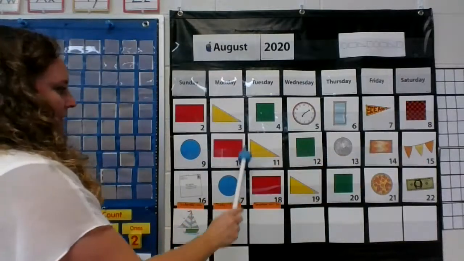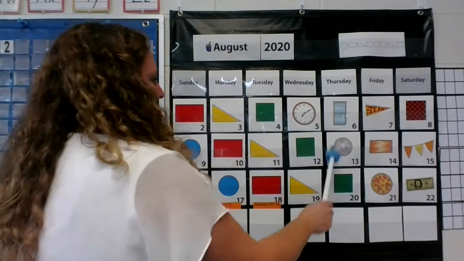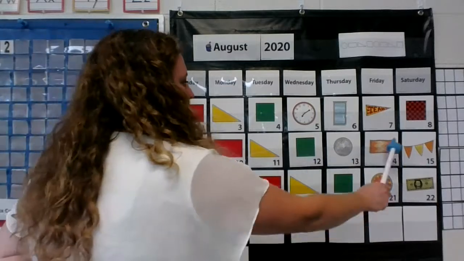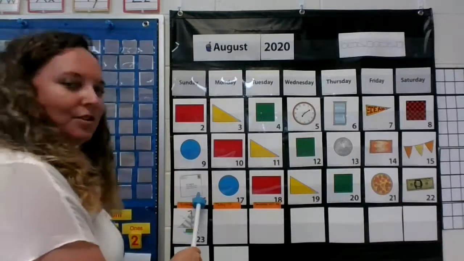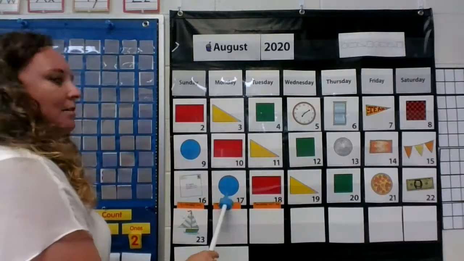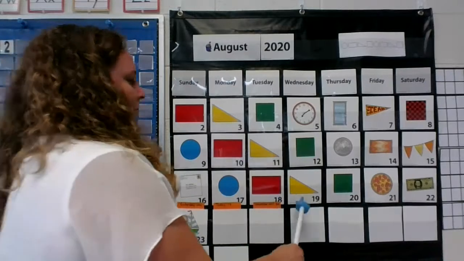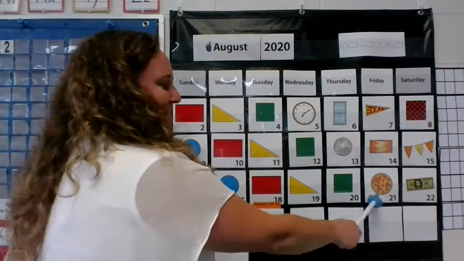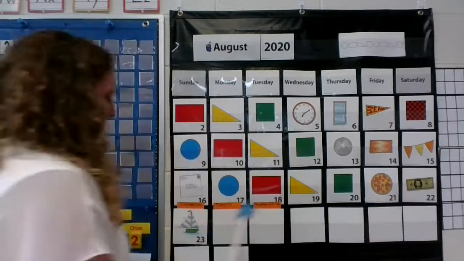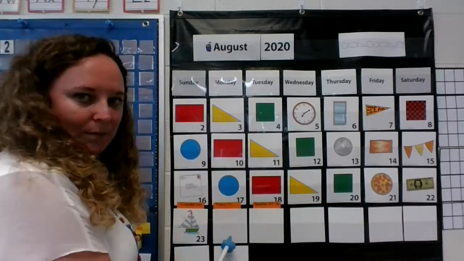I'll let you say these ones without me. Good. Circle, rectangle, triangle. What do you suppose today's going to be?